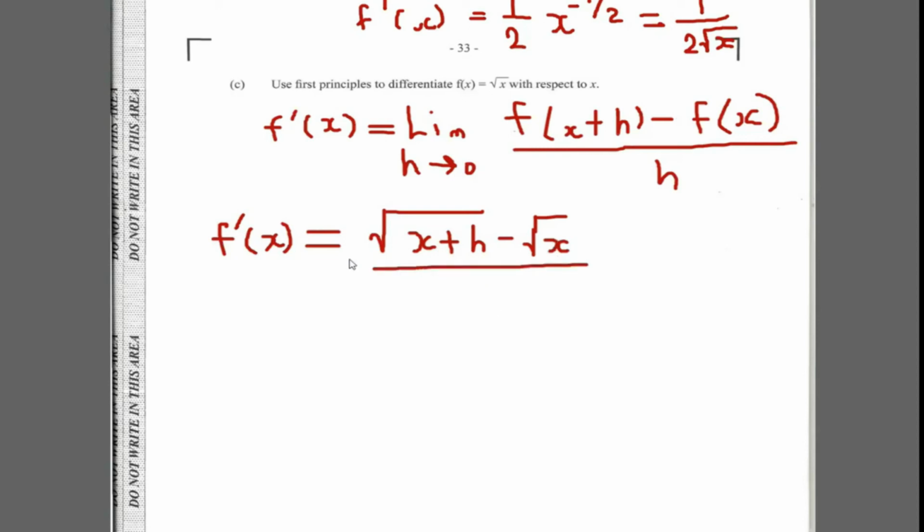I forgot to write a limit, so this should be a limit, L standing for limit in this case as h approaches 0.